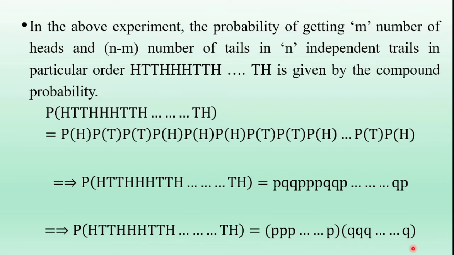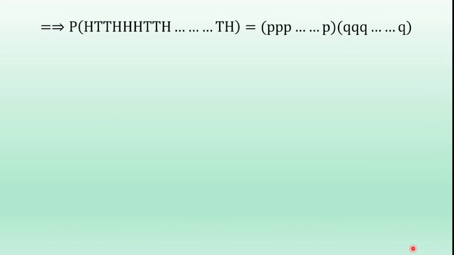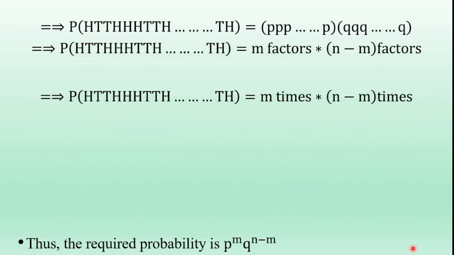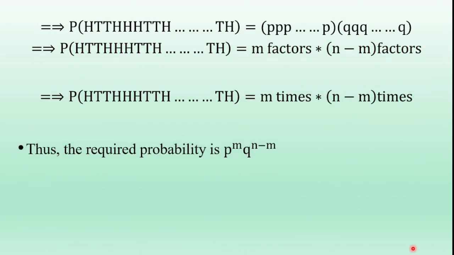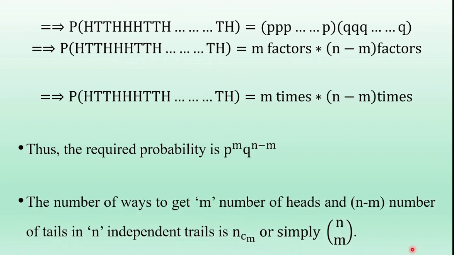The probability of getting m number of heads and n minus m number of tails is m times into n minus m times. Thus, the required probability is p power m into q power n minus m.